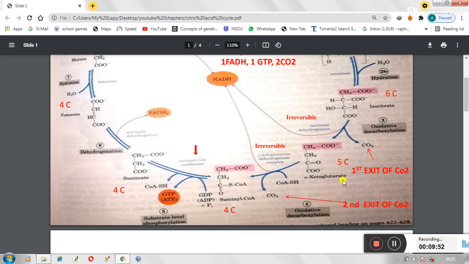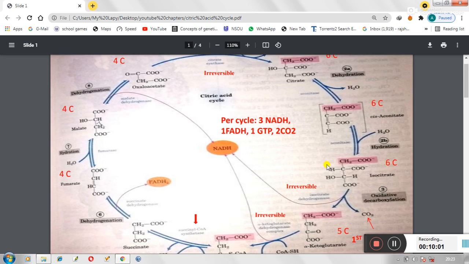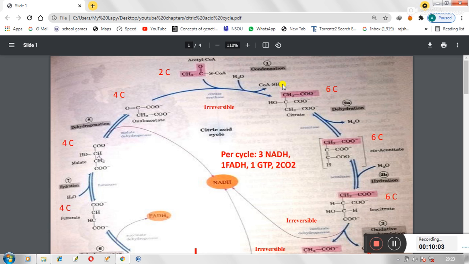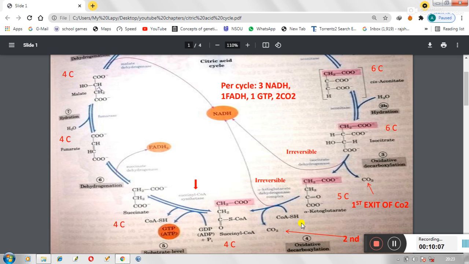Alpha ketoglutarate is converted to succinyl coenzyme A; coenzyme A is inserted and carbon dioxide is released. Coenzyme A is very important, and the second carbon dioxide is released, producing the 4 carbon compound succinyl coenzyme A.